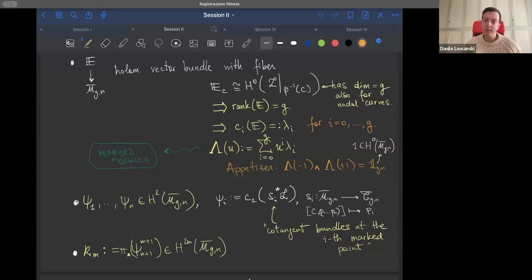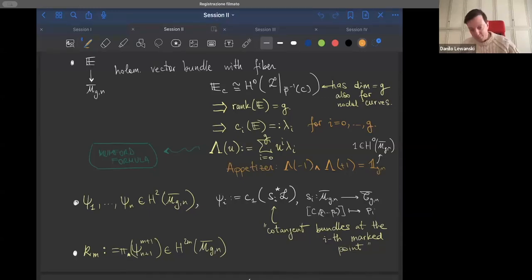The Hodge bundle is the bundle of rank g whose fiber is just the g-dimensional vector space of holomorphic differentials on the curve C. So it's a very familiar object, has rank g, and now you take all of its Chern classes. So lambda_i will be an element of the 2ith cohomology group of M_{g,n} bar. And now I want to take the formal polynomial in the variable u, whose coefficients are cohomology elements, this lambda_i.